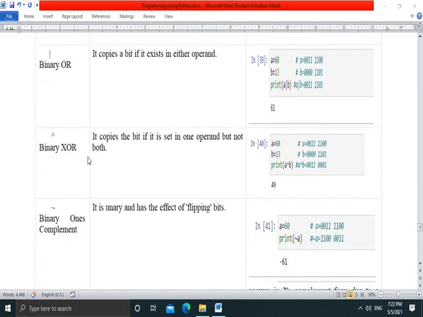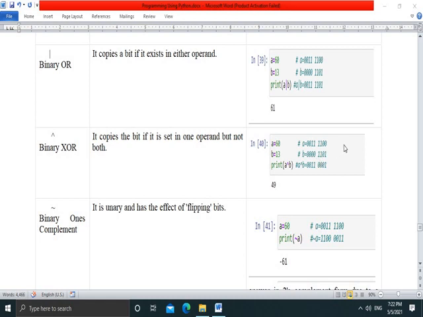Next is binary XOR. It copies the bit if it is set in one operand but not in both. Here a is 60, b is 13. Then a XOR b. In this operation 0 XOR 1 is 1, 0 XOR 0 is 0.